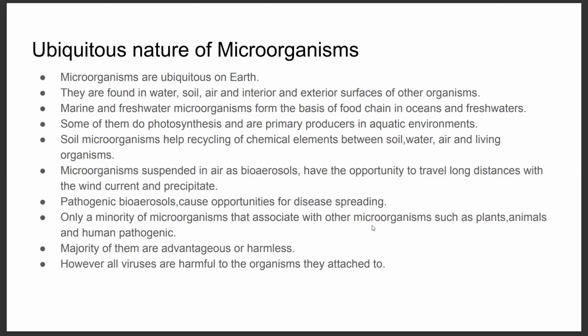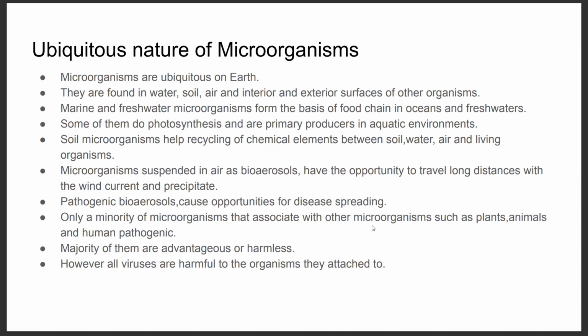The next group of microorganisms are soil microorganisms. They help recycling of chemical elements between soil, water, air, and living organisms. The next group is bioaerosols. Bioaerosols means the microorganisms suspended in air. So they can travel long distance with the wind current and precipitate.